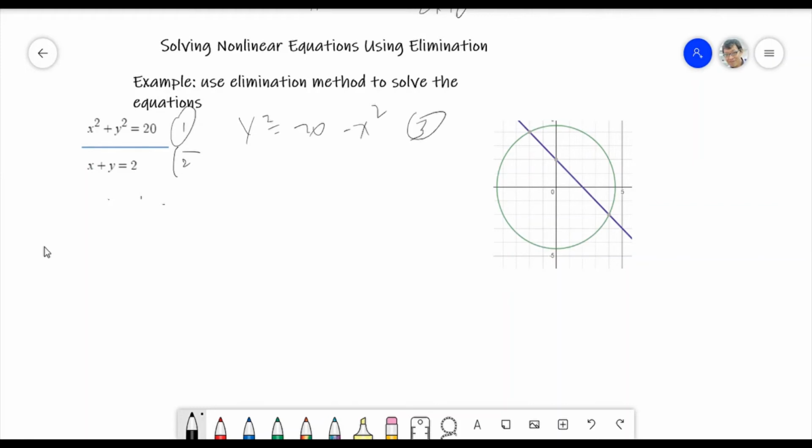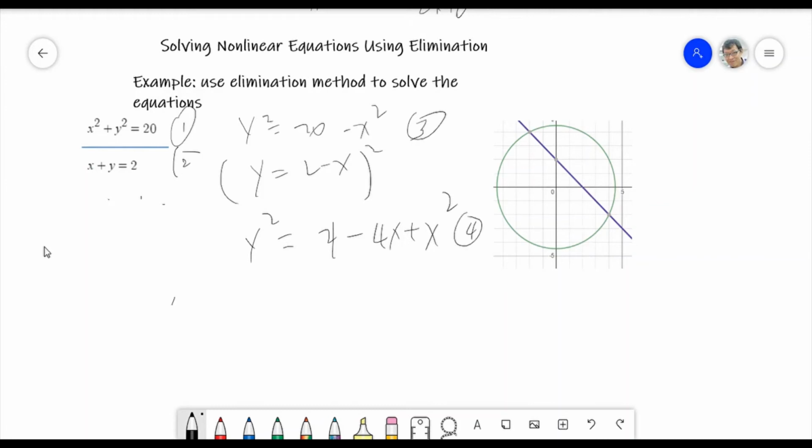And how about equation 2? We make it y equals 2 minus x, and then we square both sides. Then y squared equals 4 minus 4x plus x squared. We make this equation 4.